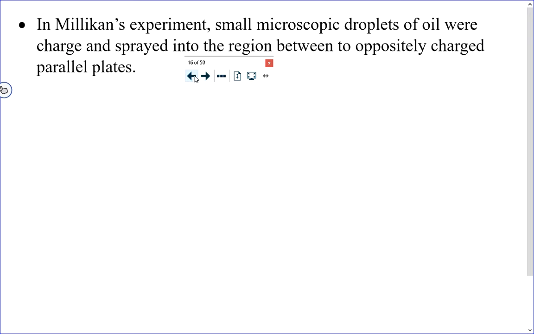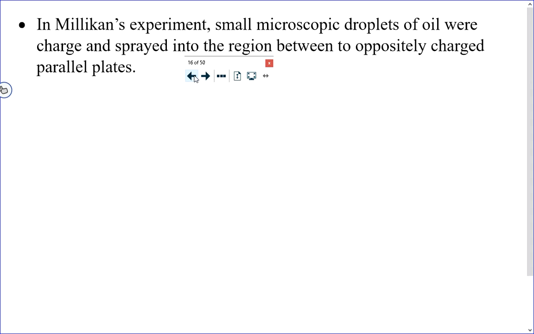So in Millikan's oil drop experiment, what Millikan does is devise a way to determine the charge on a very, very tiny microscopic droplet of oil, and he records that charge. Then he repeats the experiment with a different droplet of oil, and he repeats it and repeats it. He collects data for hundreds and thousands of different drops of oil.